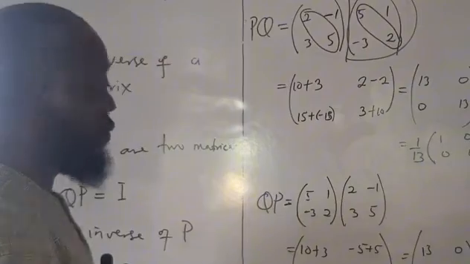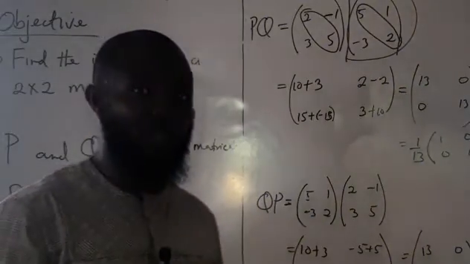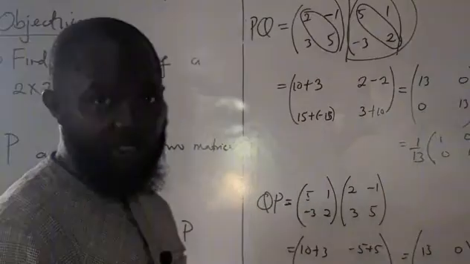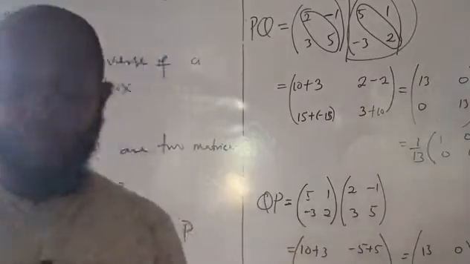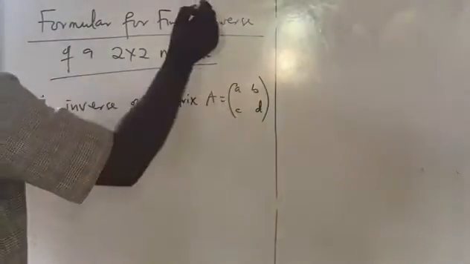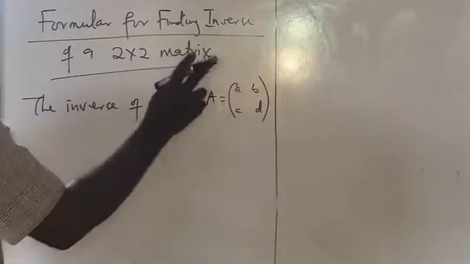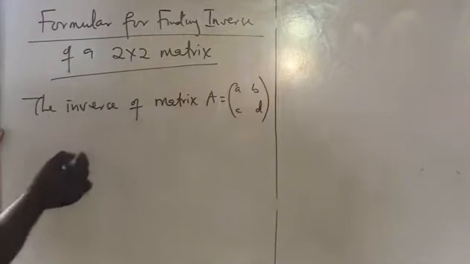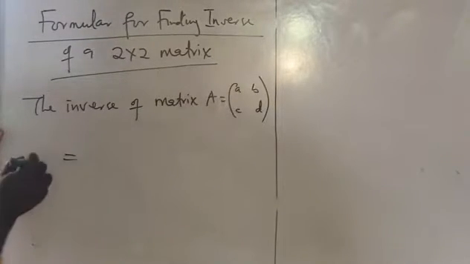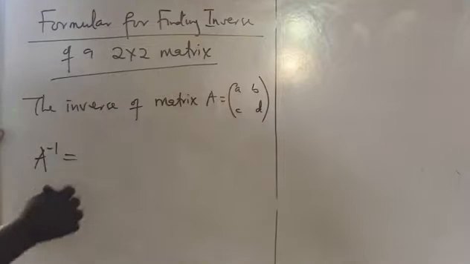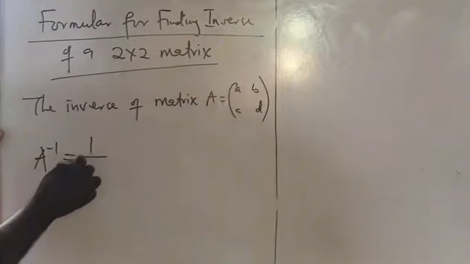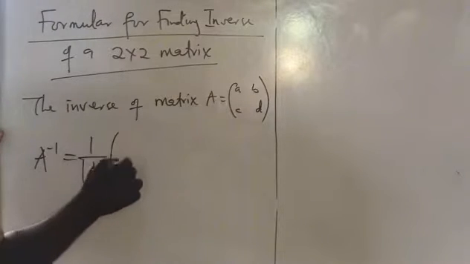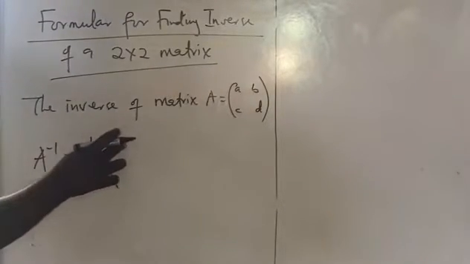Now what we're going to do is look at the formula for calculating the inverse of a matrix, because the way the question will come is not going to be direct like we have it this way. So let's look at an example here. A formula for finding the inverse of a 2 by 2 matrix. A inverse will then be 1 divided by the determinant of A, multiplied by the interchange of this one.